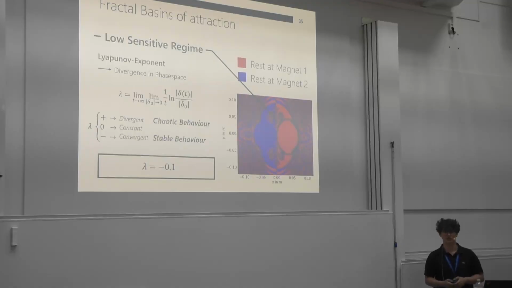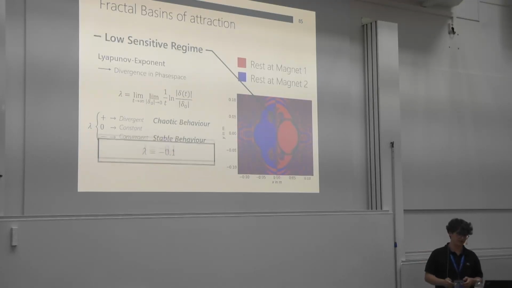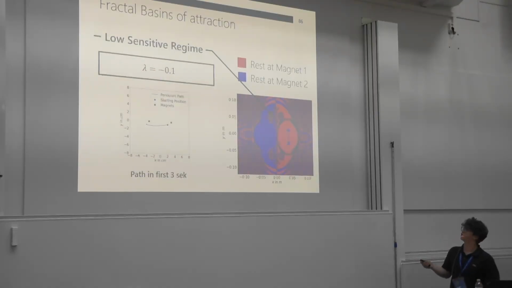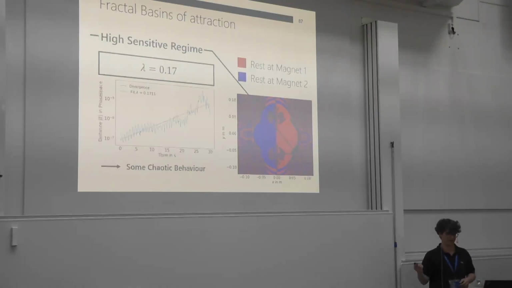We checked for a negative Lyapunov exponent in this basin, where in the first phases the path doesn't change pretty much.